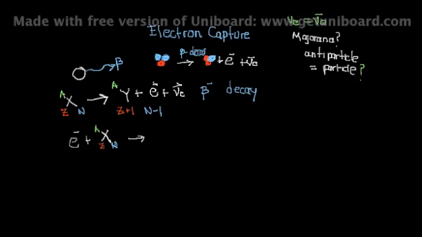The nucleus has a transformation, and the nucleus which we will obtain is the following: one proton will change to neutron.